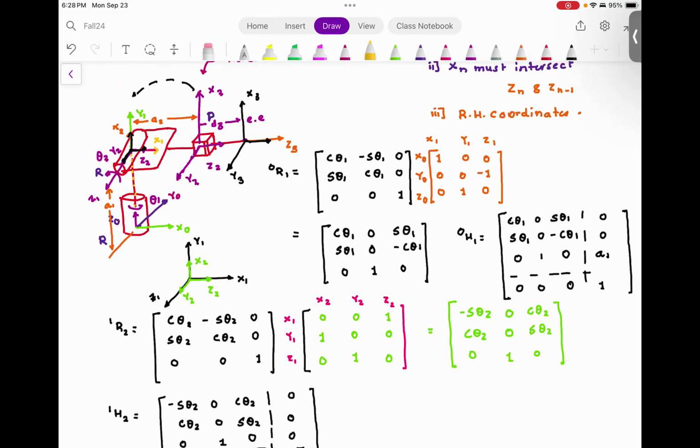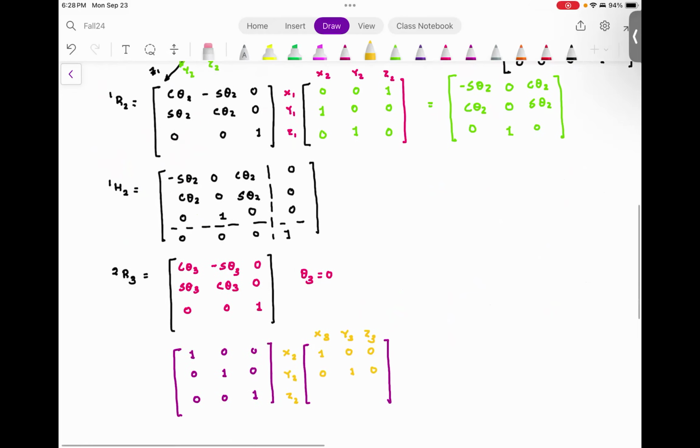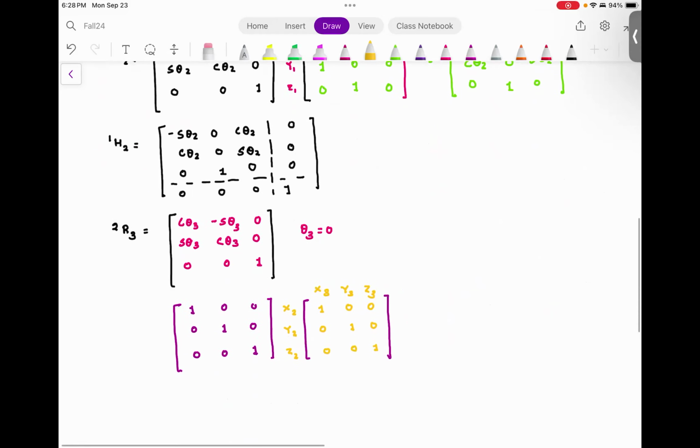Do you agree with me? So I would just write 1 0 0, 0 1 0, 0 0 1. Which means all said and done, my final rotation matrix is going to be 1 0 0, 0 1 0, 0 0 1.